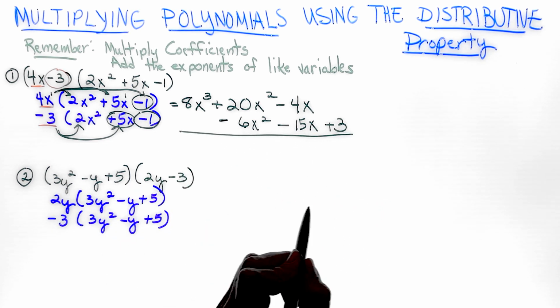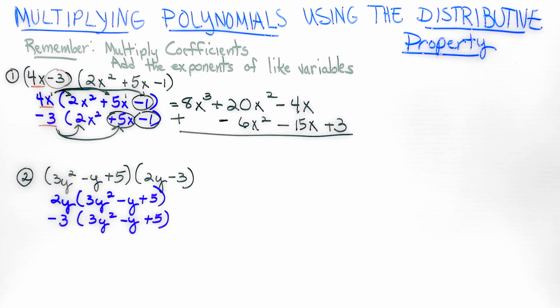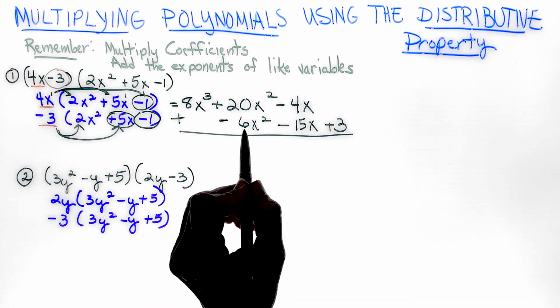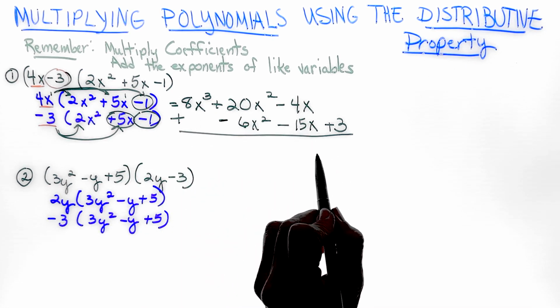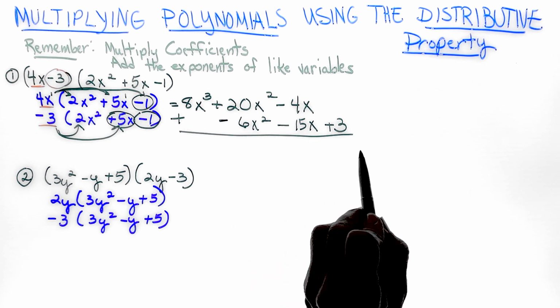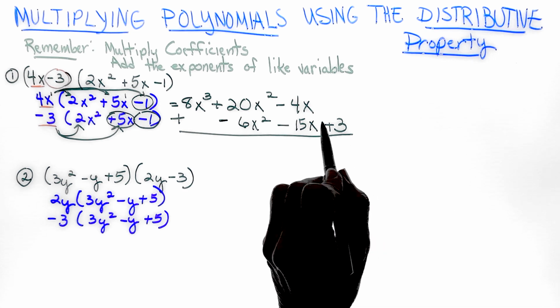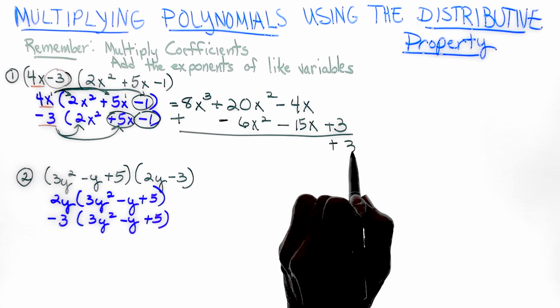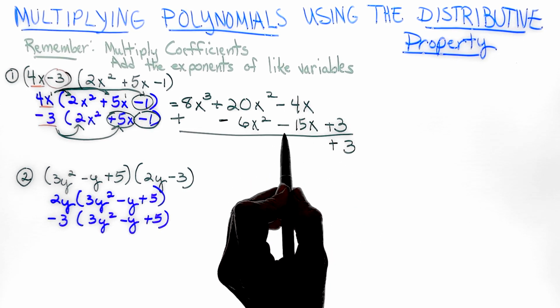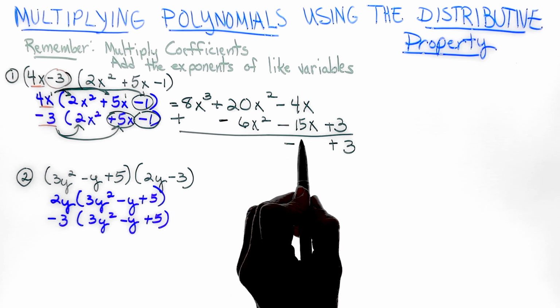Again, now all we're going to do is add our columns. Notice I have all of my like terms lined up to make it easy to add. So I can start over here, this is a plus 3. A negative 4x and a negative 15x is a negative 19x.